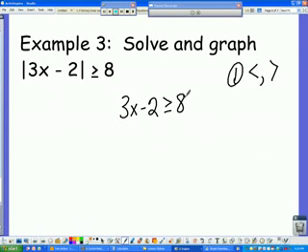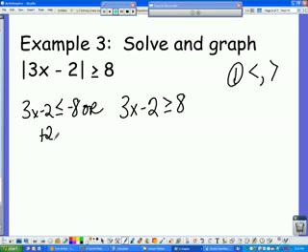Now remember, greater than and "or" both have an r in it. So this will be an "or" question. And we're going to do 3x minus 2, but this time it needs to switch that sign. So instead of it being greater than, we're going to make it a less than. And then just solve it.